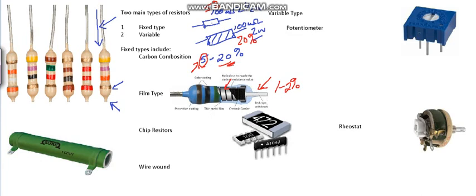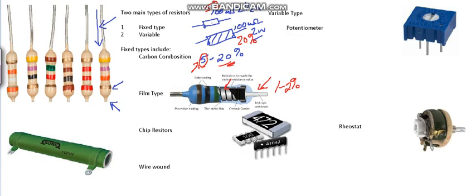This is a chip type resistor, and you can see there's a variety of different chip type resistors, and they'll have numbers on them to denote what type of resistance value they have. They're basically tiny ceramic block shaped resistors, and they have a thick carbon film that's deposited on the ceramic chip.